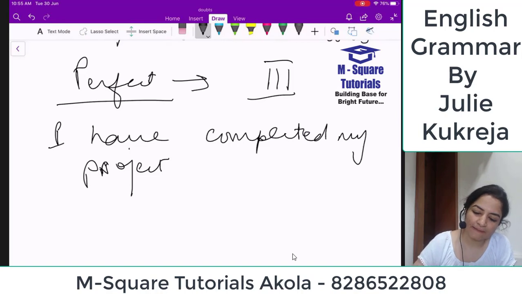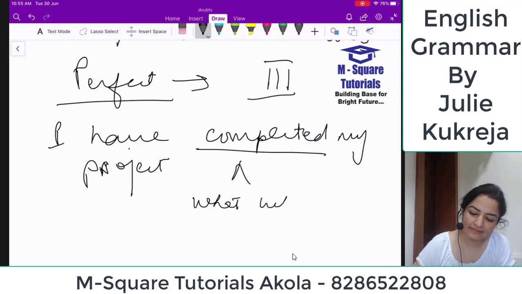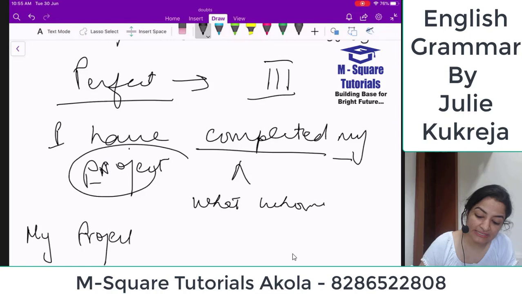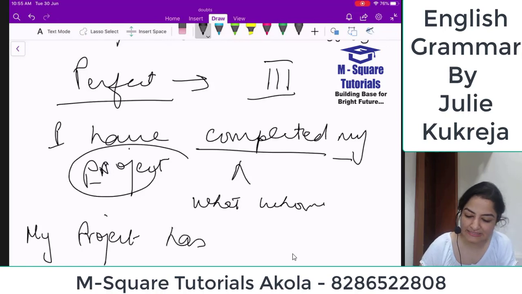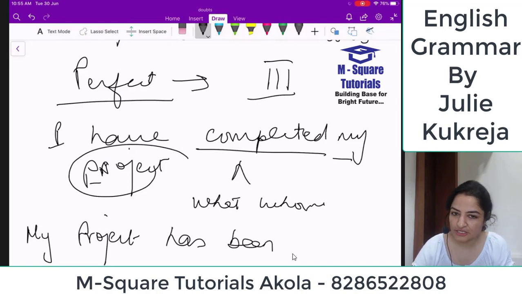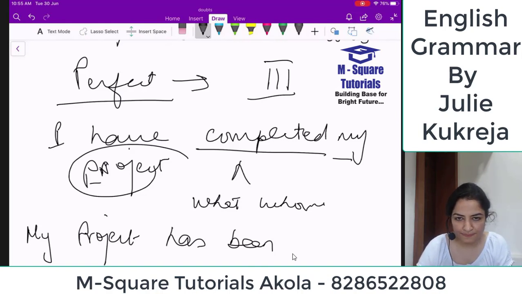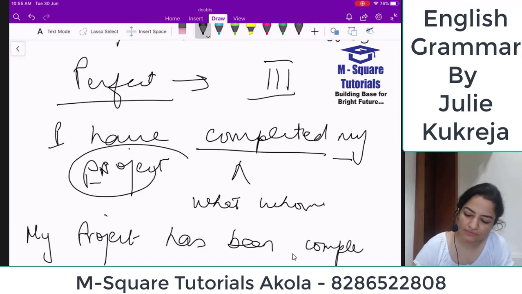Again the same, completed what? The answer will be my project. So my project will become the subject. My project is singular, so we will apply has because this is in the present tense. Then you have to add been to it. In the continuous you added being, here you will add been. And completed is already in the third form, so you have to just bring completed down.